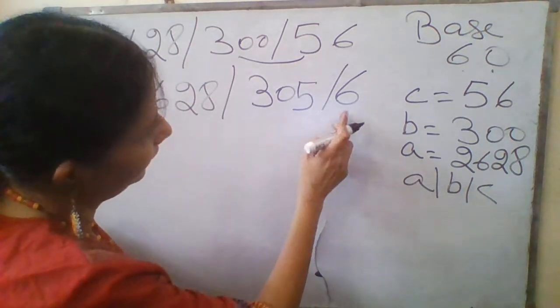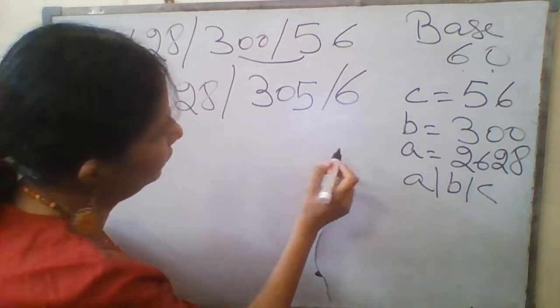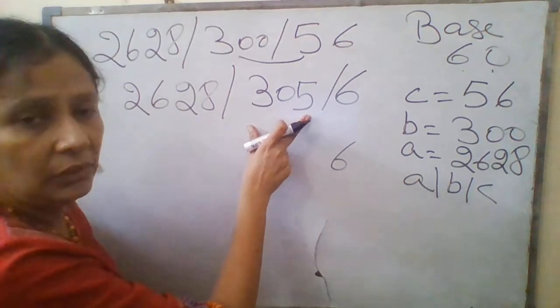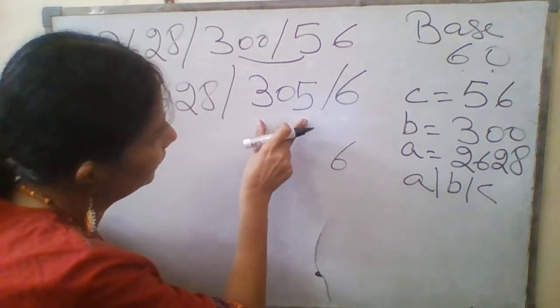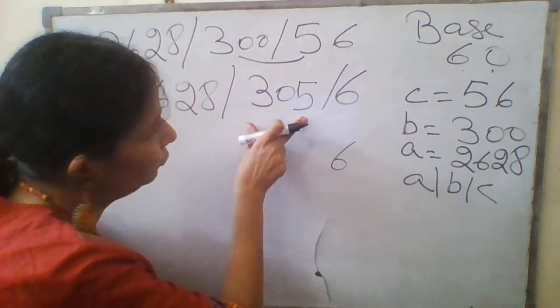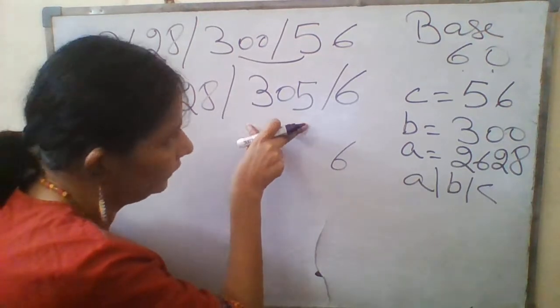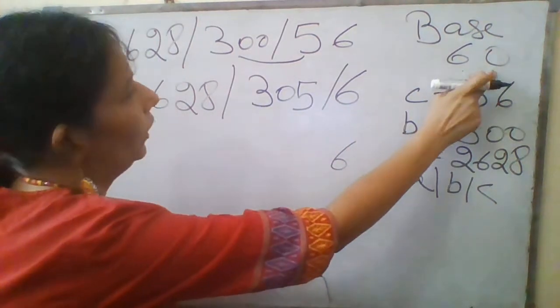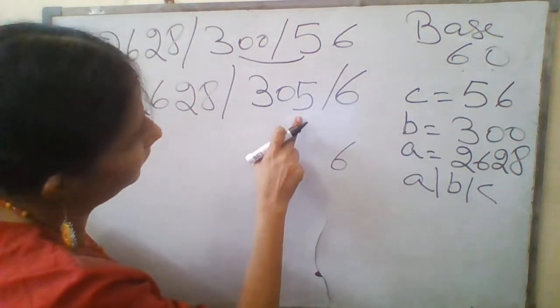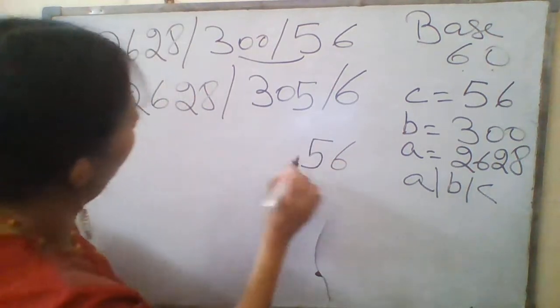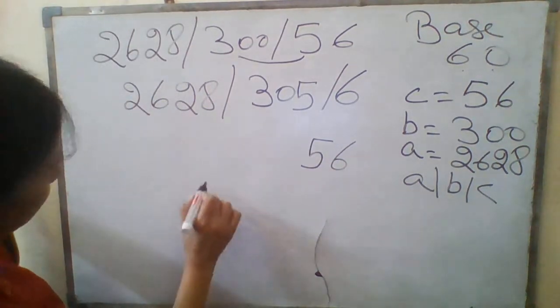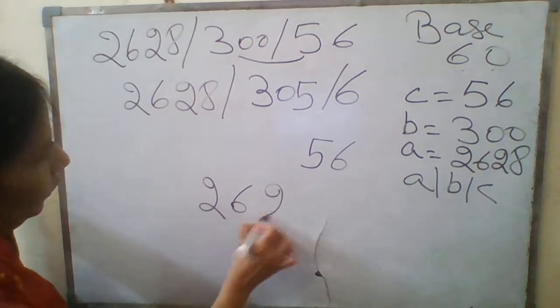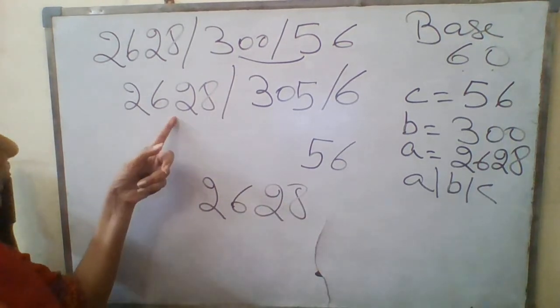Now in the last, this you have already solved, 6. From 305, you see these are the 3 digits, but you will not take these 3 digits because only 1 zero is here. So last one digit you will take here, 5. And what you will do with this 30? This 2628 is here.